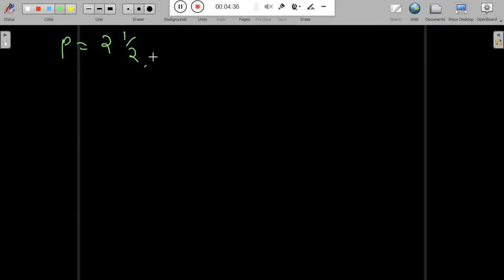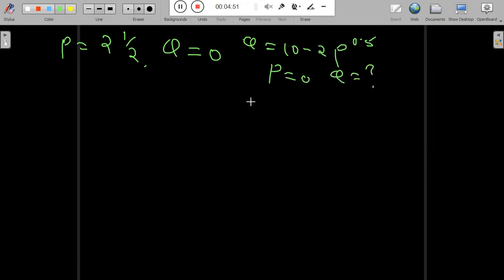So Q will be equal to (10 minus 2 times 0) raised to the power of 0.5, and we obtain exactly Q equal to 10. When we take 10 minus 0, the output is equal to 10.